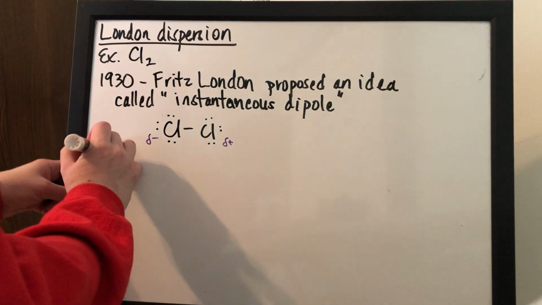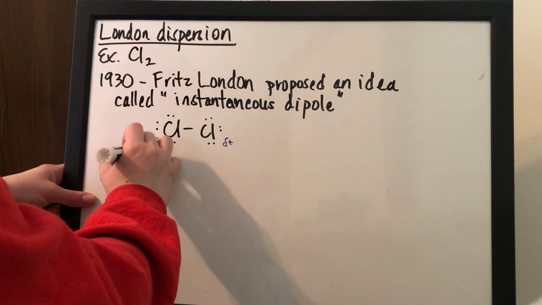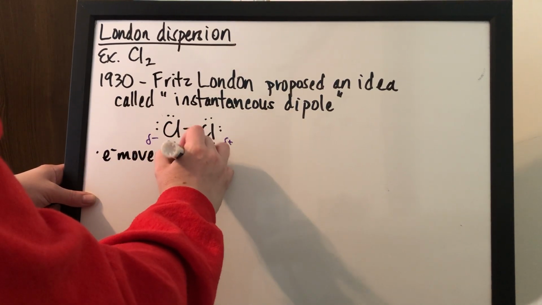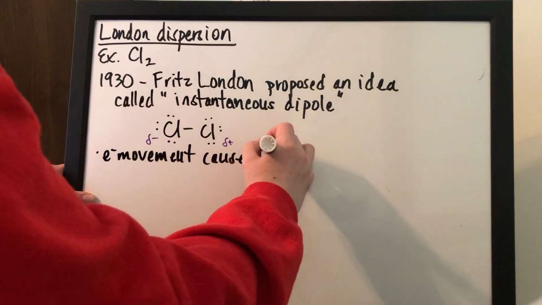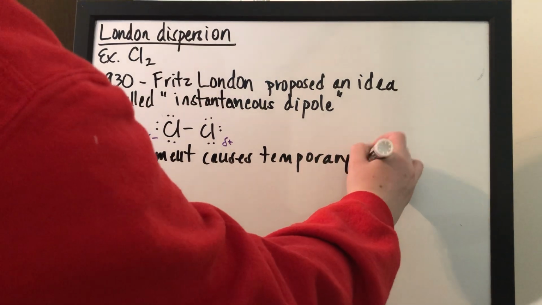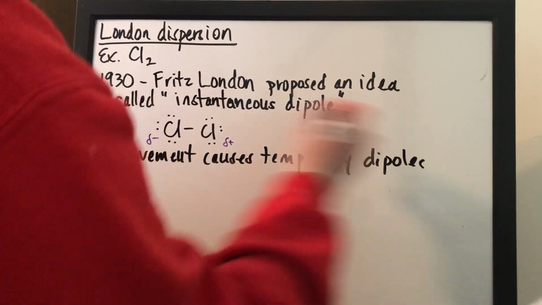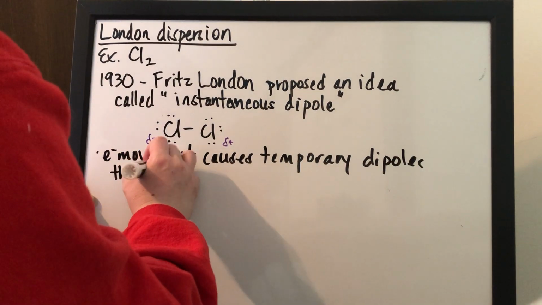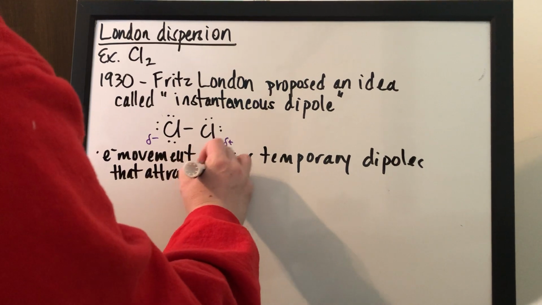So he basically said that electron movement causes temporary or instantaneous dipoles that attract other molecules.